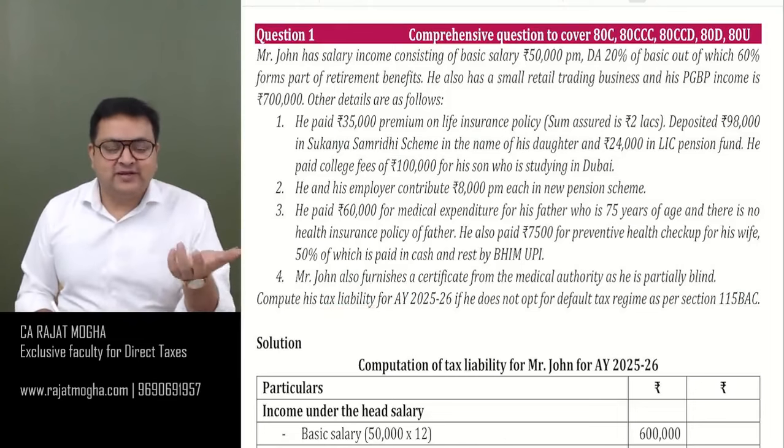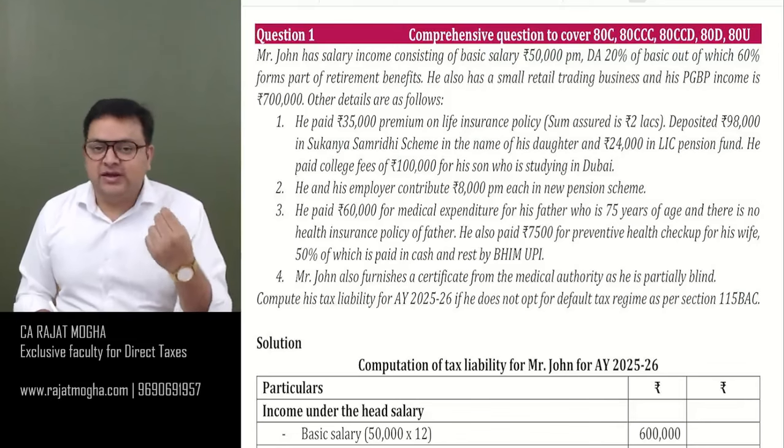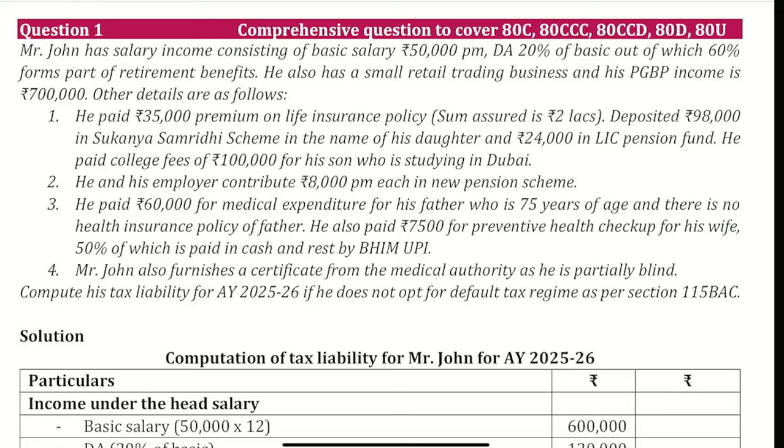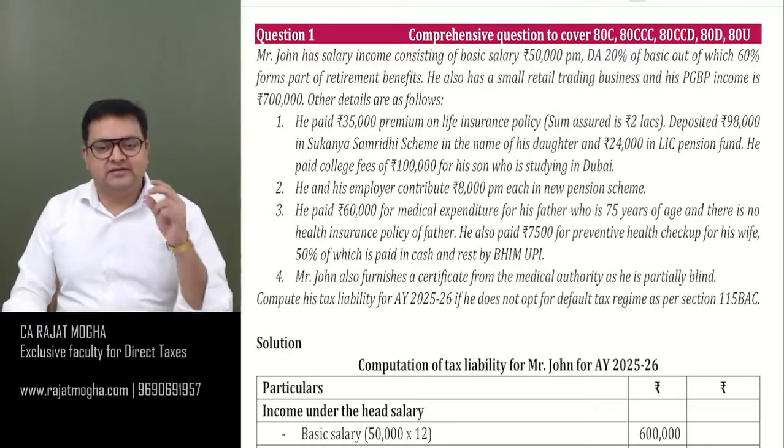Okay, so now we understood that we have to compute the tax liability. And to compute the tax liability, we should know the total income also. Correct? Now, John has a salary income of this, basic salary this, DA 20% of the basic salary, out of which 60% forming part of retirement benefits. See, retirement benefits, right now you don't have to do anything. Whatever basic salary we are getting is taxable.